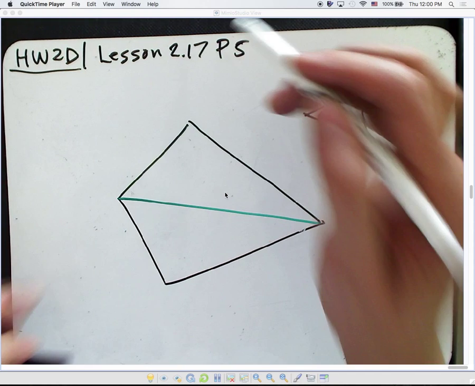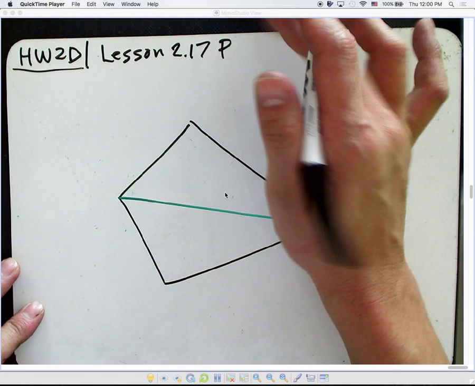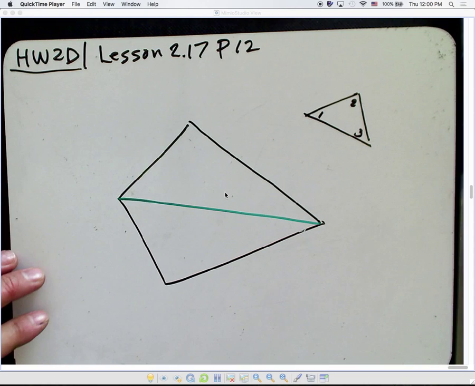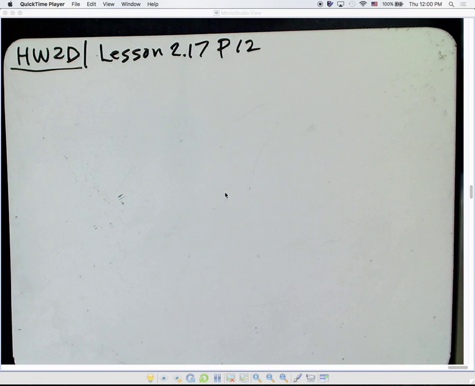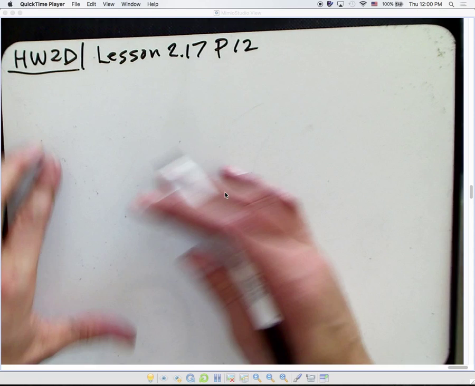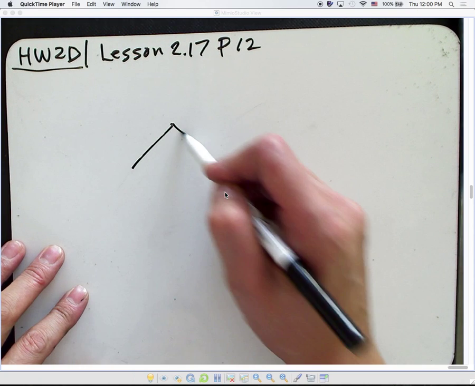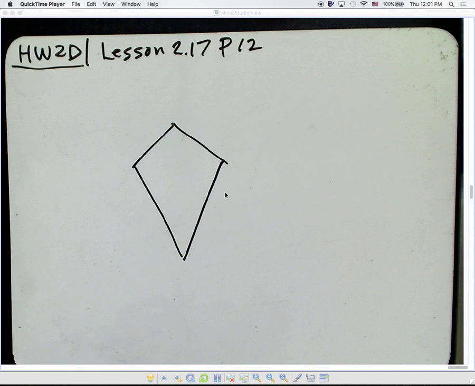217. Problem number 12. So you have shapes A, B, C, D, E, F, G, and it says which of the following figures appear to be kites, and explain. The definition of a kite is that it is a quadrilateral, which means four-sided, and you have adjacent side congruence.